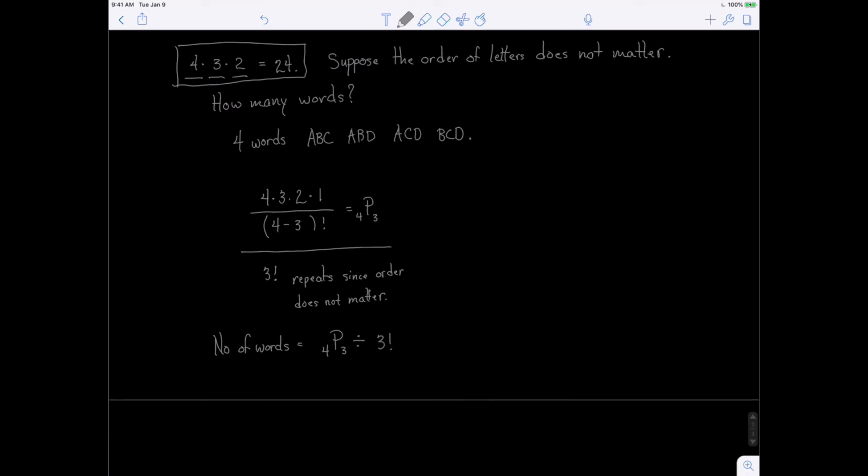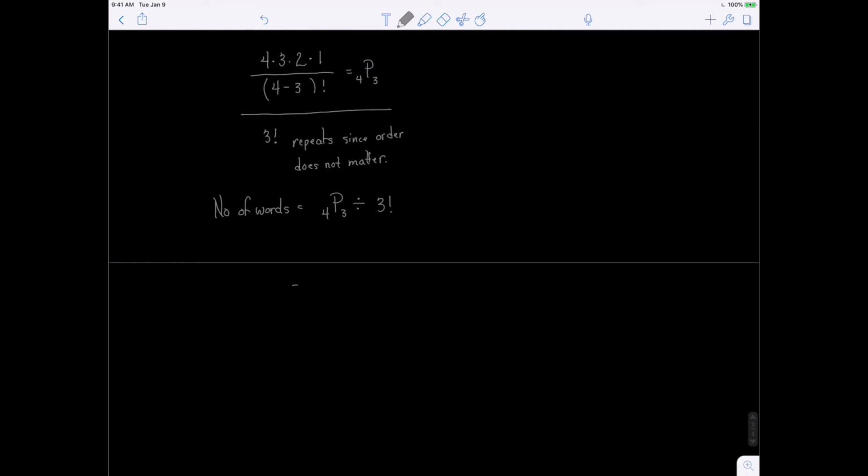So I'm going to do a little bit of math for you. This is 4 permute 3, which is 4 factorial over 4 minus 3 factorial. And then if we're going to divide it by 3 factorial, that's 1 over 3 factorial. Well, this just becomes 4 factorial over 4 minus 1.